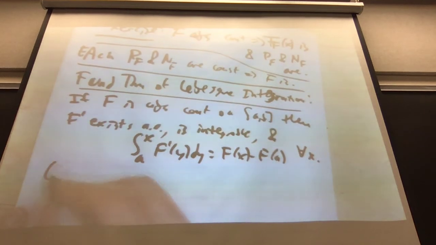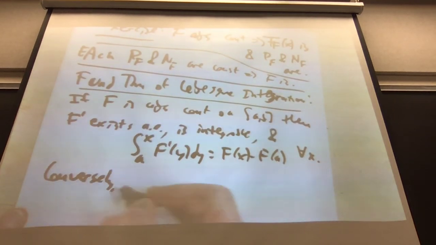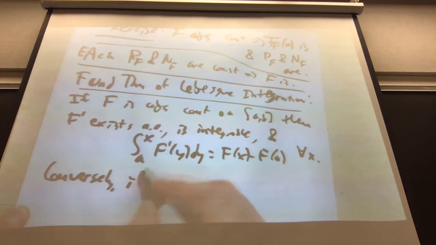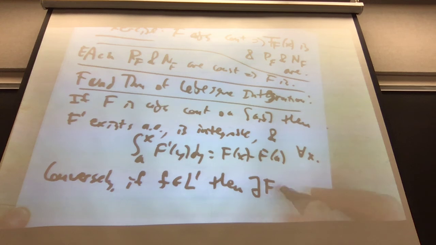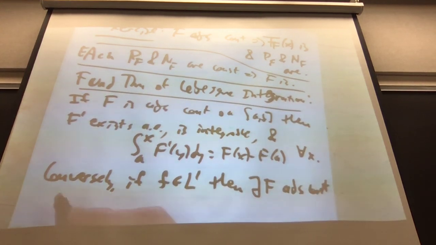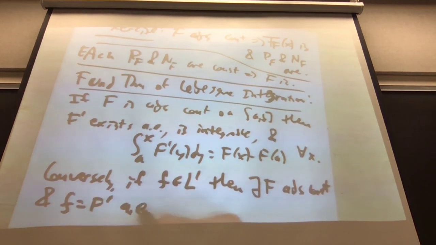Conversely, so this is an if and only if. If f is in L1, then there exists a function F which is absolutely continuous, and F prime is f almost everywhere.